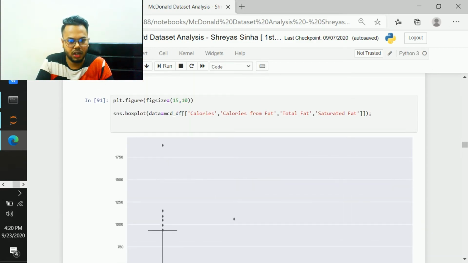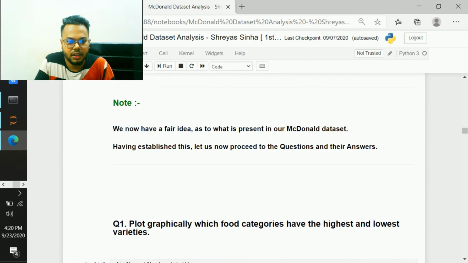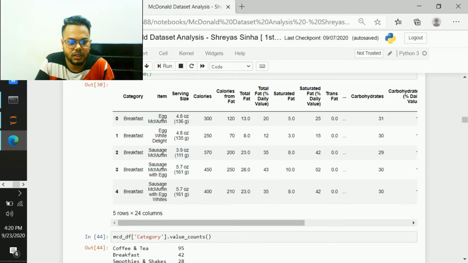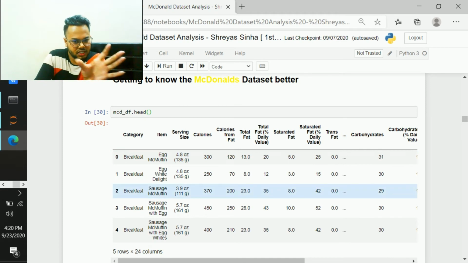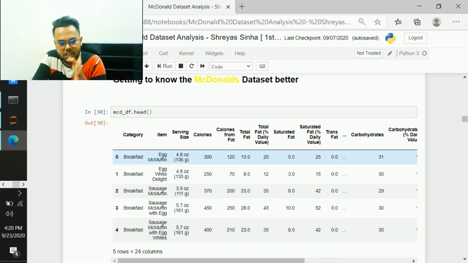I just want to give you an understanding of what is happening here. This is the complete data set. They wanted to understand which food constituents, like calories and total fat, have outliers.